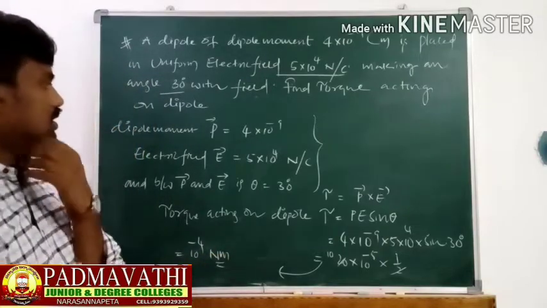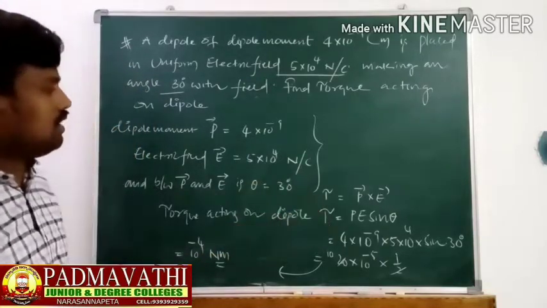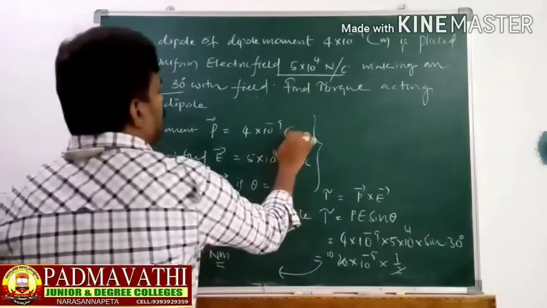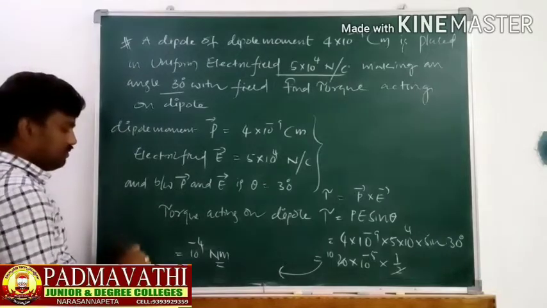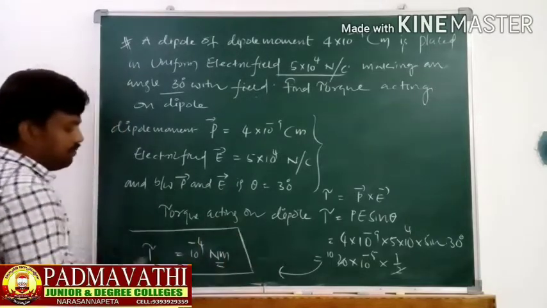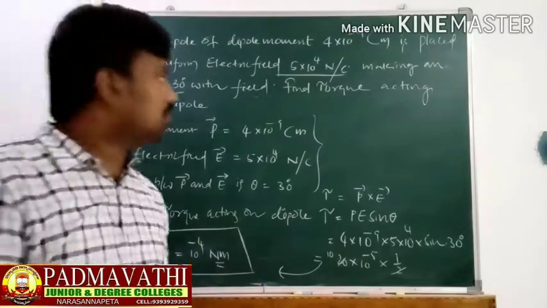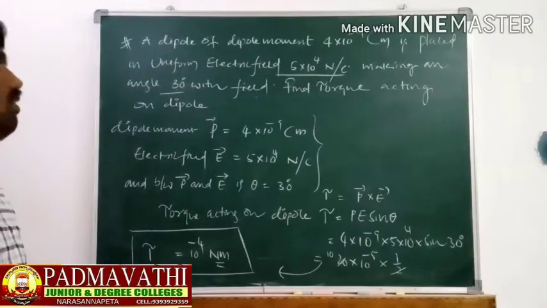Why? Because the Coulomb and Coulomb get cancelled, and we get Newton meter. This is the problem. This is a very simple example. This is a 4-mark question in your IP. Make a note.